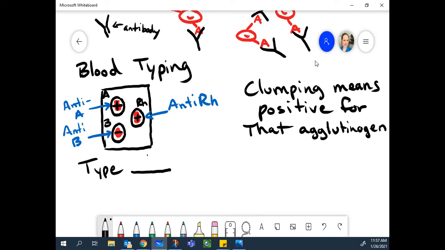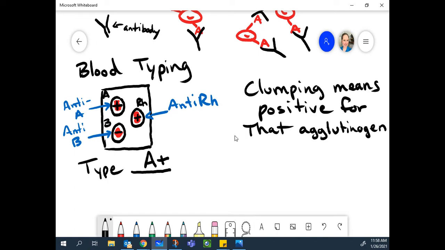A positive. So Cassidy told me on here, A positive. So clumping in A means the A protein was there. No clumping in B means there was not any B protein. Okay, those antibodies did not find anything to stick to. The RH clumped, which means the RH antibodies found RH proteins and made the blood clump up.